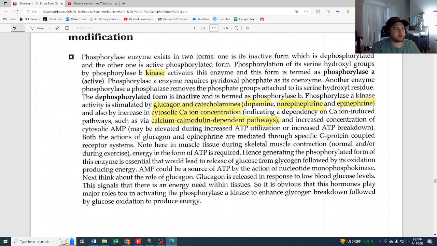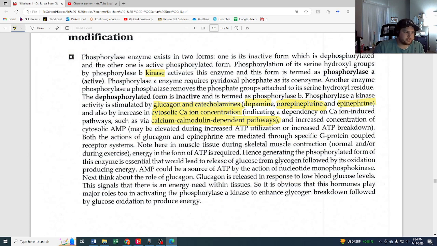We also have increased concentration of cytosolic AMP, which may be elevated during increased ATP utilization or increased ATP breakdown. Both the actions of glucagon and epinephrine are mediated through specific G protein coupled receptor systems.